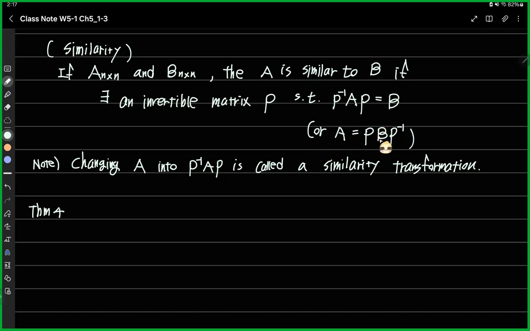Because of that theorem. So A is n by n and B is n by n, and they are similar. Then they have the same characteristic polynomial, which means that they have the same eigenvalues.